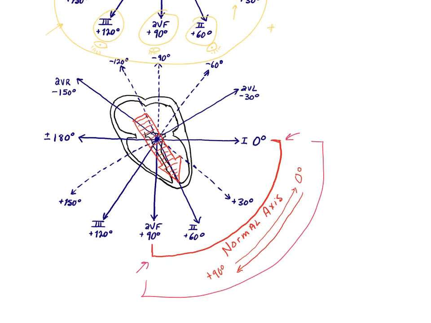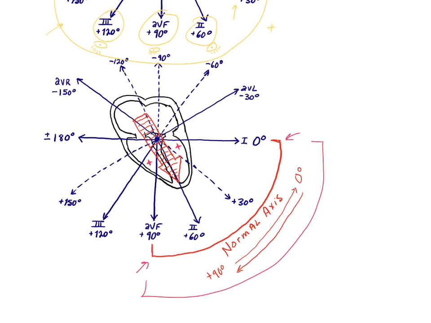Now, if I have problems, let's say I have some sort of block that prevents or slows depolarization to this area of the heart, right here on the left, then that arrow is going to shift over to the right. If I have problems over here that prevent conduction to the right, it's going to shift to the left.